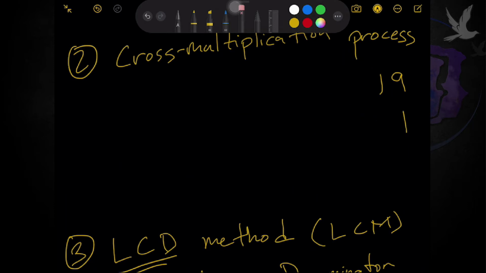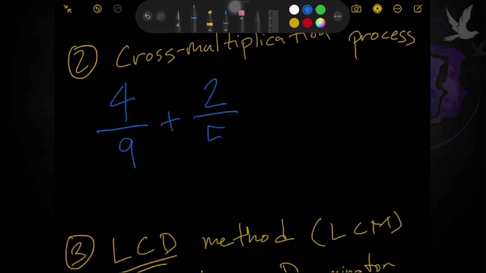I am making use of color codes, no, para mas makita nyo yung logic, how the numbers end up that way. So let's say we have 4 over 9 plus 2 over 5. Okay. Dito na naman tayo. First things first, again, if you check, 9 cannot be equivalent to 5 in terms of division, and 5 cannot be equivalent to 9 in terms of multiplication.